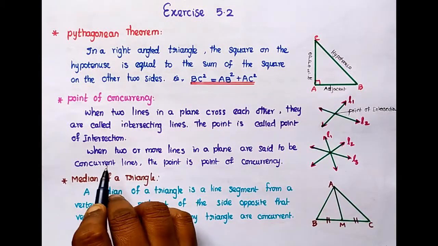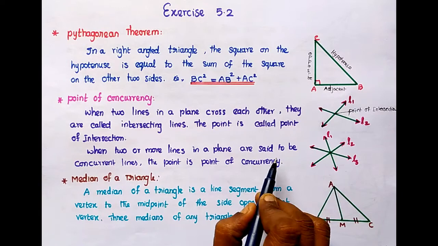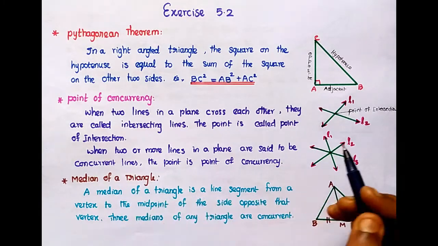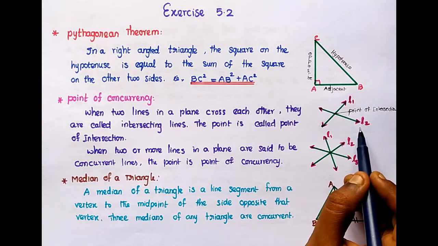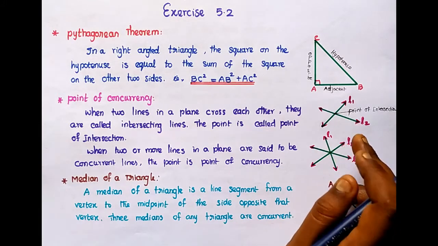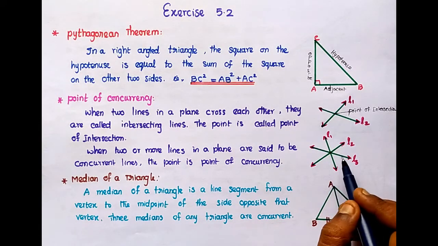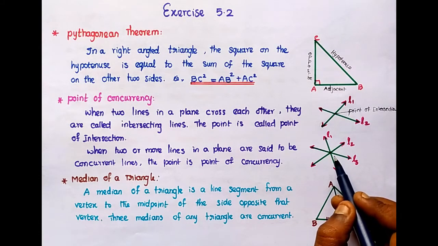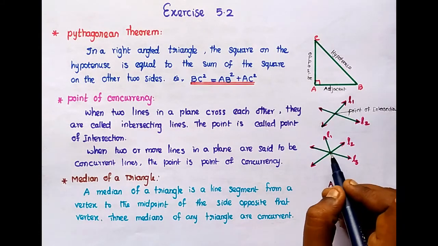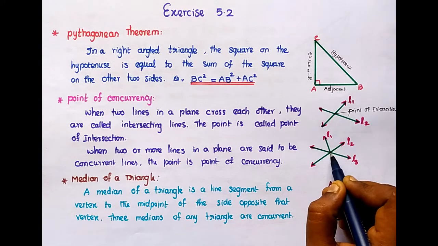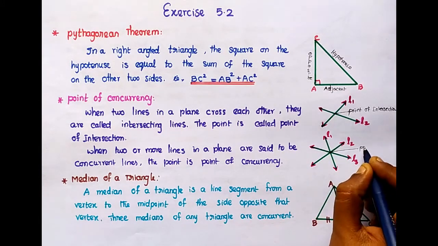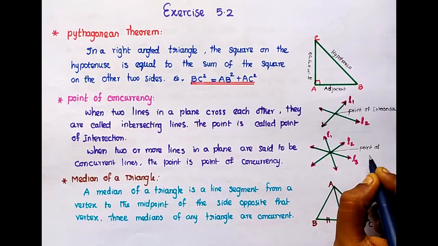Next, when two or more lines in a plane pass through one point, they are said to be concurrent lines. The point is called the point of concurrency.